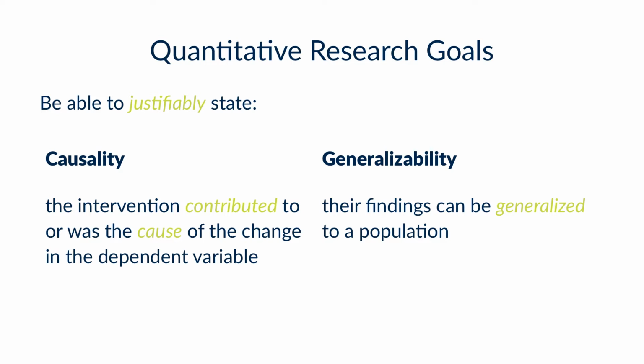And our goal is to be able to justifiably state two major things. Number one, we want to be able to state causality, meaning that when we are looking at an intervention, for instance, we want to be able to state that the intervention either contributed or was the cause of a change in the dependent variable. Remember, the dependent variable is the thing that we are observing.